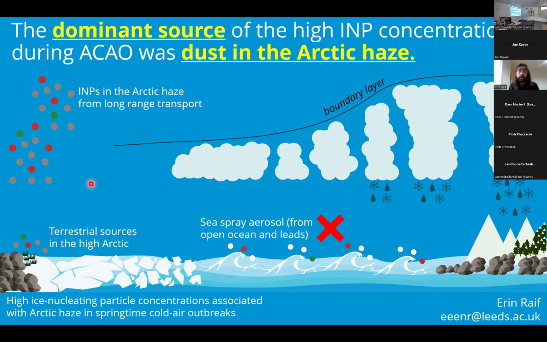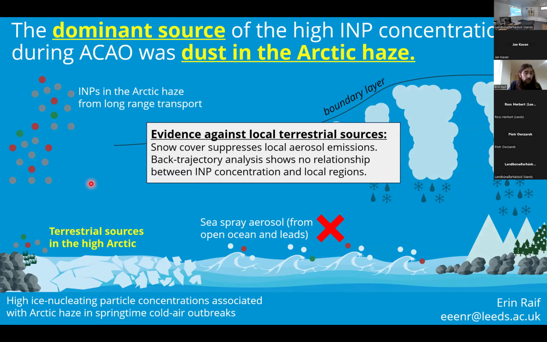So our next thing was, okay, well, what about in the high Arctic with terrestrial sources? Is there dust up there? And there is some dust, as we've heard, potentially from Svalbard, but in the literature, and people might want to come and correct me in the comments, it seemed like at this time of year in March, there wasn't the magnitude of local aerosol emissions that we would need to account for the ice nucleating activity that we were seeing.